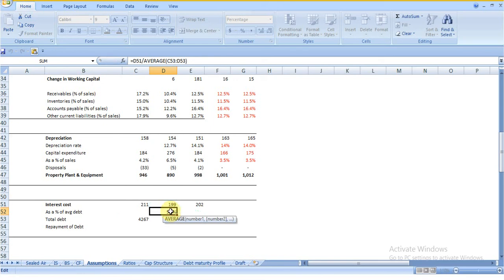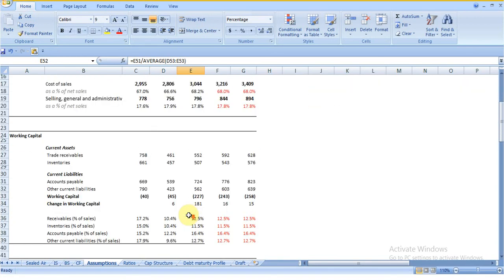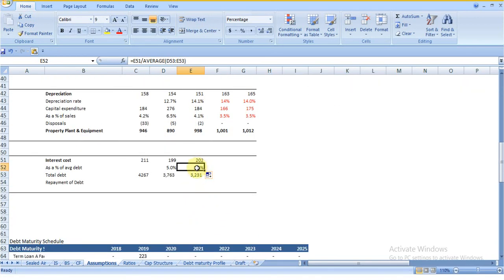I'll drag it, and I have noticed that it is increasing in 2017. Now the company's total debt is in a declining trend, which will give me an idea how much debt the company is repaying.